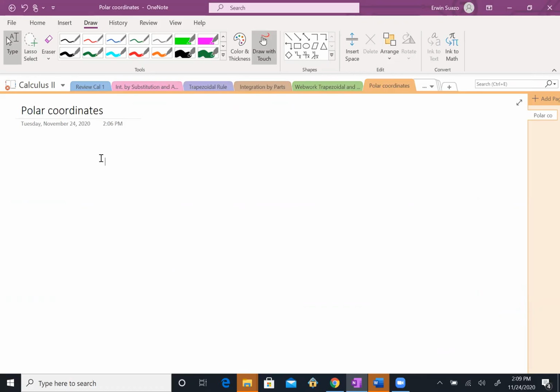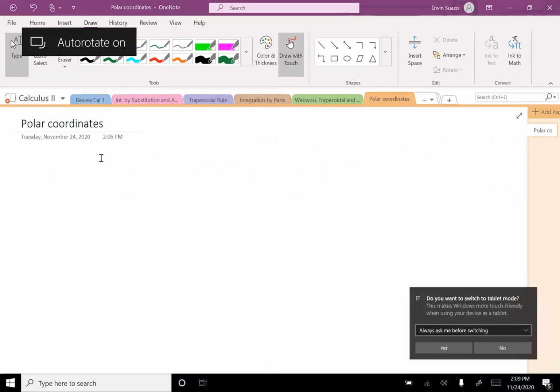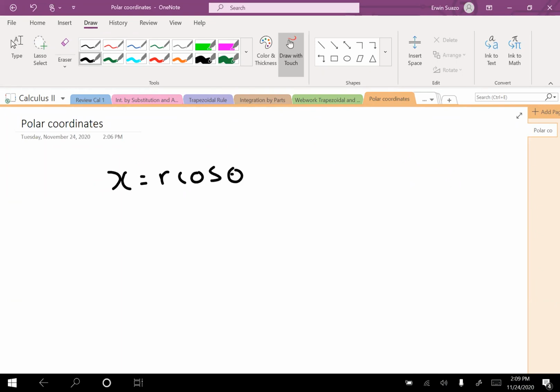What we can do also, there are two formulas. You saw this in pre-calculus. There are two formulas for going from rectangular coordinates to polar coordinates. So you can do x equals r cosine of theta, and y equals r sine of theta.